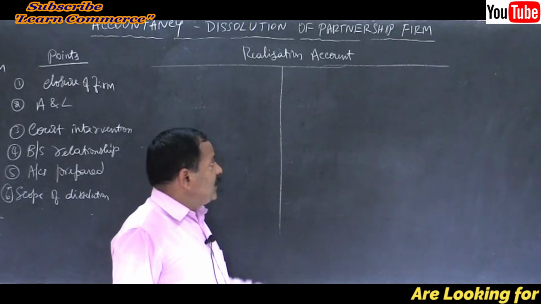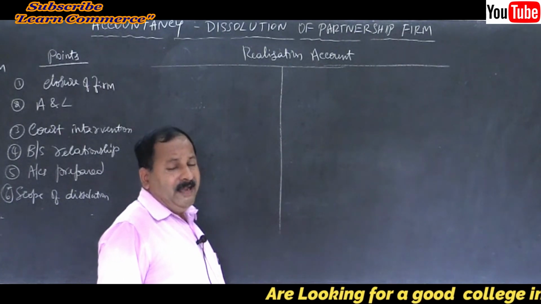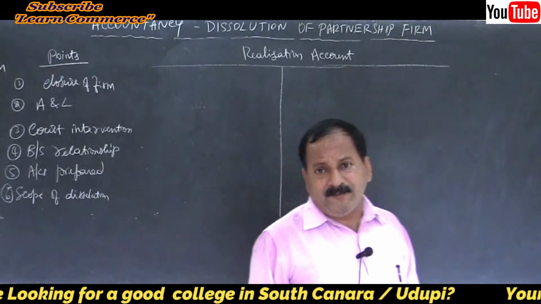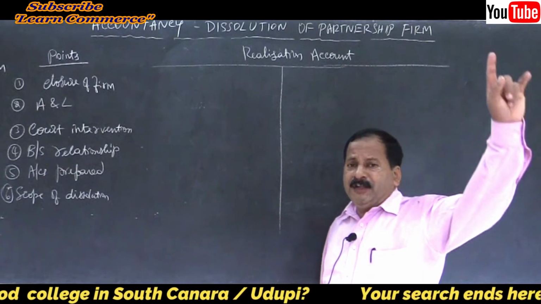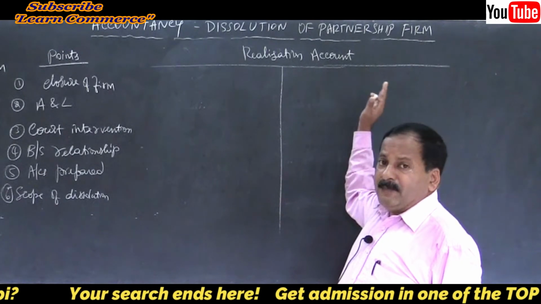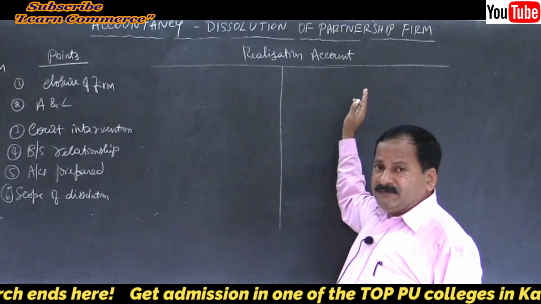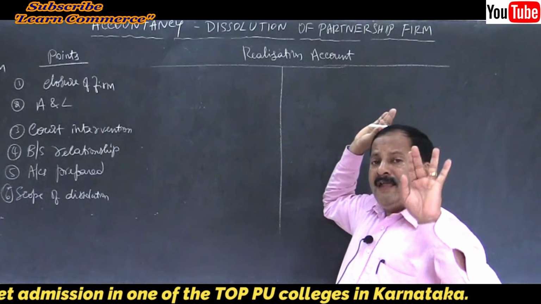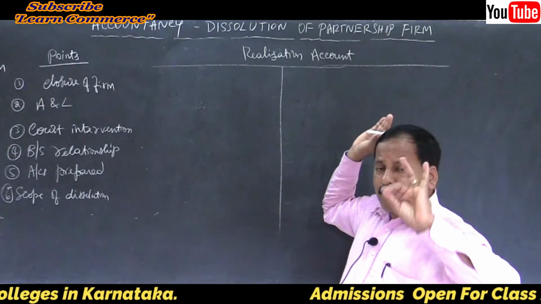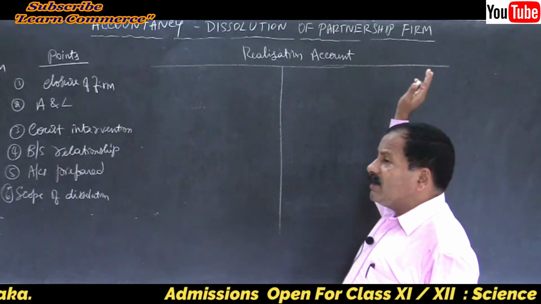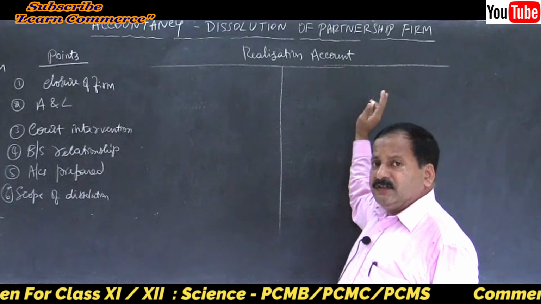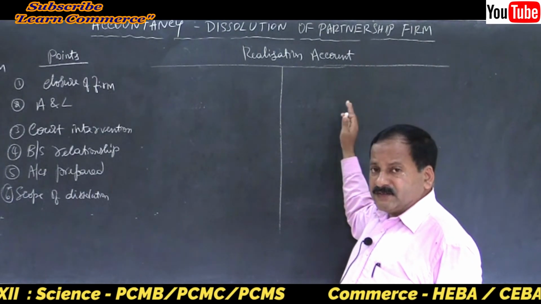You have to prepare combined capital accounts. Combined capital accounts you will prepare in the same way as you did under admission and retirement. You will write the credit balance by balance brought down. You will transfer all the accumulated reserves, reserve fund or profits to the credit side of partners capital account, by profit and loss account, by general reserve, by reserve fund, like that.